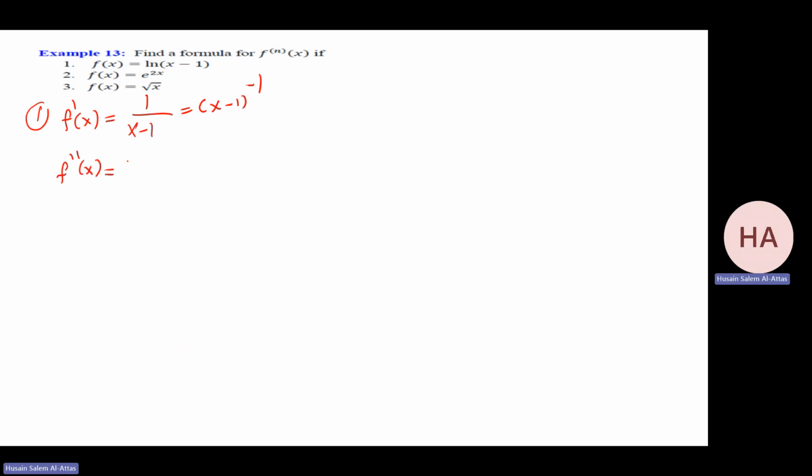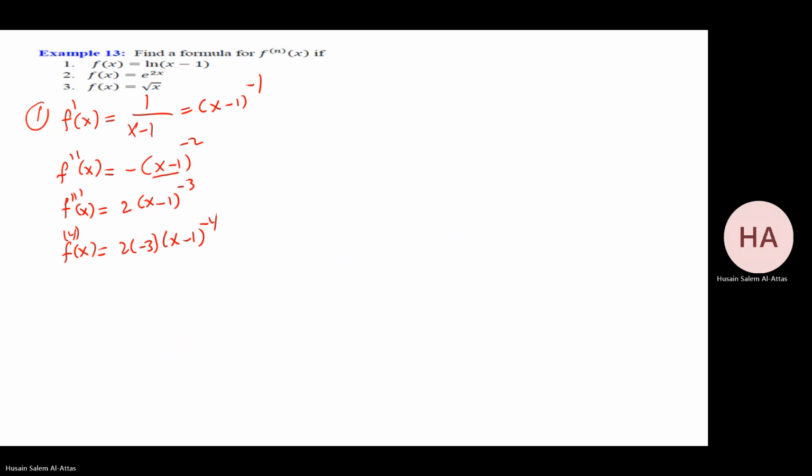It's minus (x minus 1) to the power minus 2. Derivative of this is 1, who cares. Third is 2 (x minus 1) to the power minus 3. Fourth is 2 times minus 3, (x minus 1) to the power minus 4.